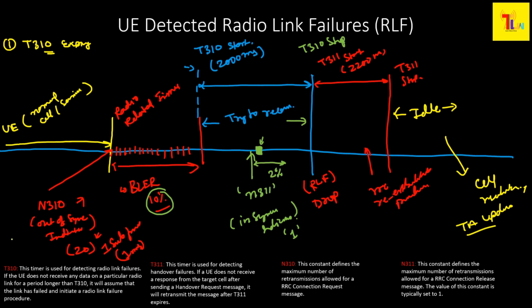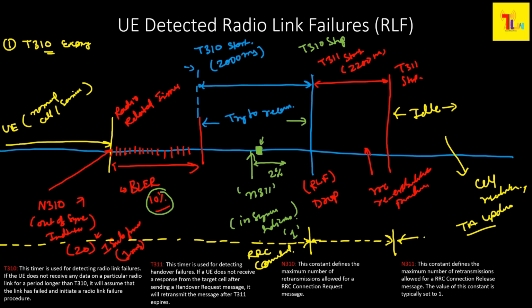There is one more interesting fact: when we talk about the RRC connected scenario, it will not be that it is RRC connected and then goes to idle. Till T311 stops, at this point we are considering it as RRC connected, and after that the system is considering it in idle mode.